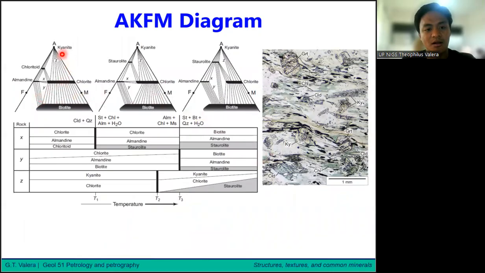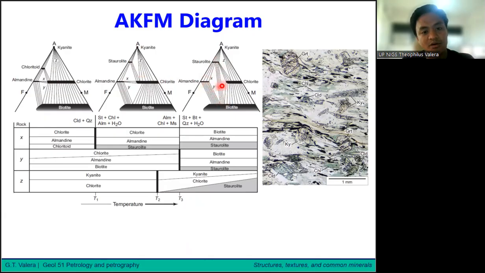Let's see that again using these three AFM diagrams representing increasing metamorphic grade, looking at bulk composition X, bulk composition Y, and bulk composition Z. Initially, sa bulk composition X, you only have chloritoid, almandine, and chlorite. As prograde metamorphism happens, hindi nagbabago yung kanyang composition until eventually yung tie line between staurolite and chlorite is lost, and since sobrang magnesium na ng composition ng chlorite, instead yung new stability is staurolite with biotite.